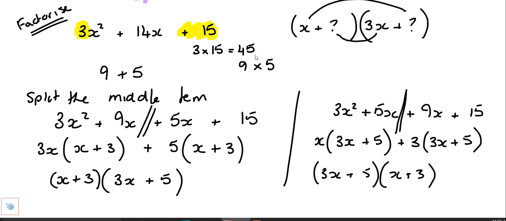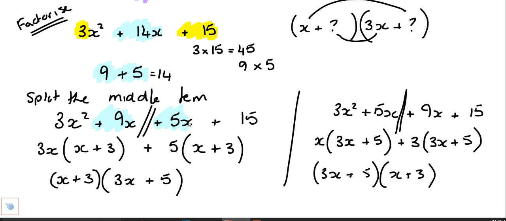I needed to then know two numbers that multiply to make 45 this time, not the 15, and add to make 14. And it just happens to be 9 plus 5, 9 times 5. And it's those two numbers which I used. So 14 was split into 9 and 5, which is how we split the middle term. That's why it's called splitting the middle term.